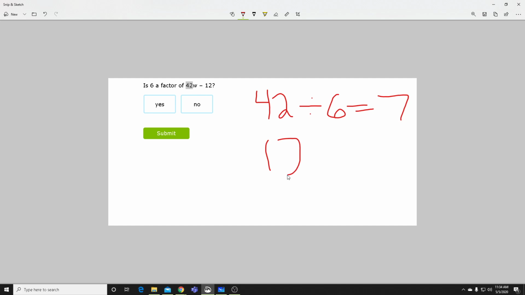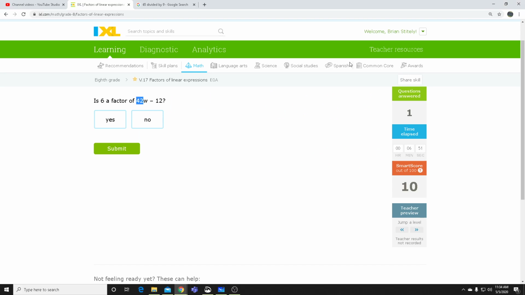Does 12 divide by 6? Oh, hopefully you know this. These both work. So, yes. Is 2 a factor of 16u minus 10? Try it out real quick. Okay, you should have gotten yes, it is a factor, because 16 divides by 2, and 10 divides by 2.